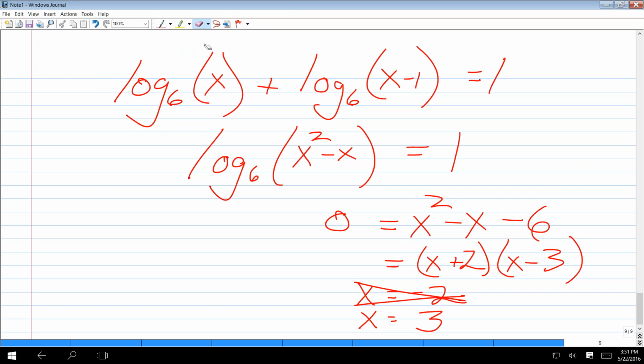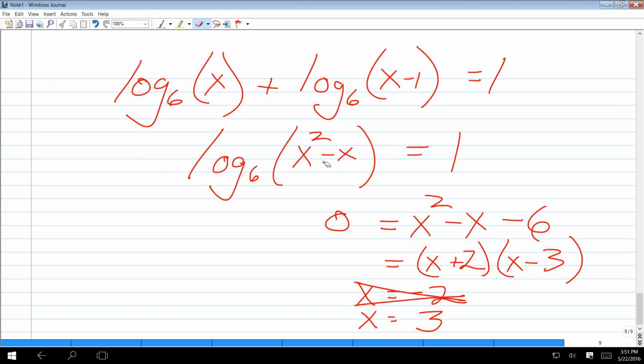And most importantly, you have to go back to the original problem to check domain. You can't check this part for domain. Notice that it doesn't violate the domain here, right? In other words, minus 2 squared is 4, minus 2 is 6. So when I plug it into this part, I'm not violating any domain at all with either answer. So that's kind of an important realization in that it tells you that these 2 things are not precisely the same.